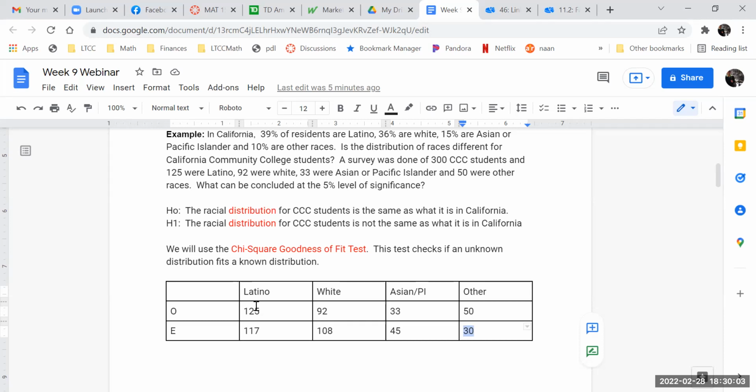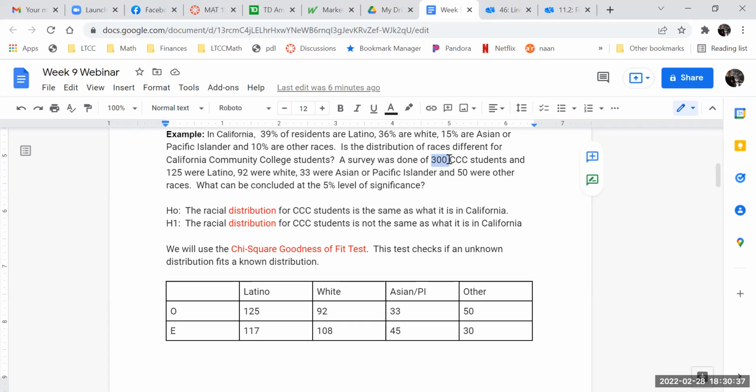Okay, so here's the problem. The problem is we only looked at 300 students. And hopefully by now, you know that when you only have a sample, which is very small compared to the population of California community college students, there's something like 2 million California community college students, so we're not even in the ballpark of the population, then there's usually going to be some variation from what's expected.